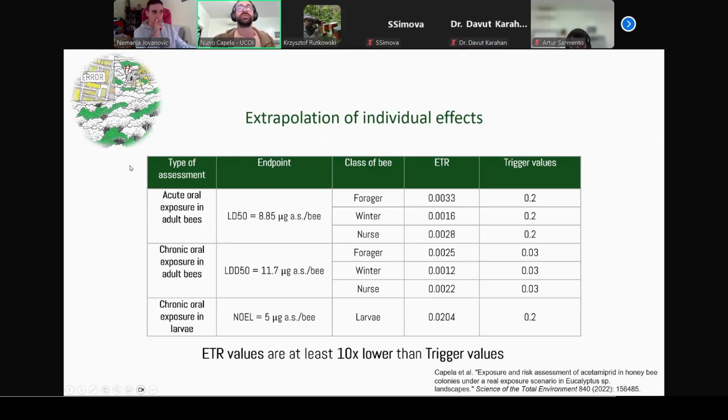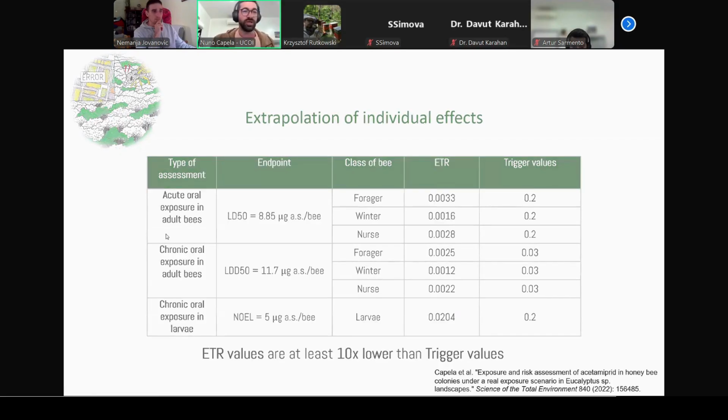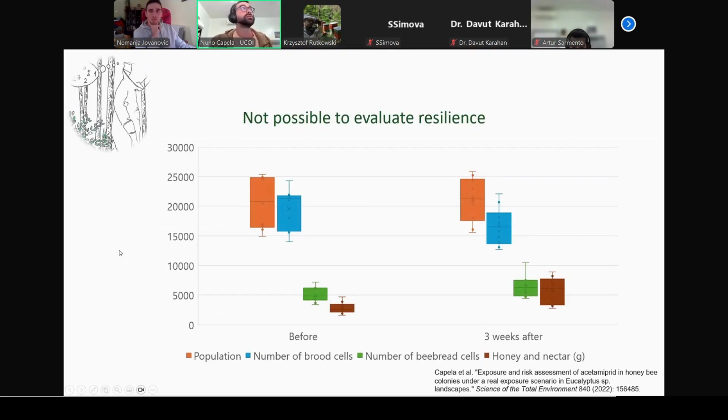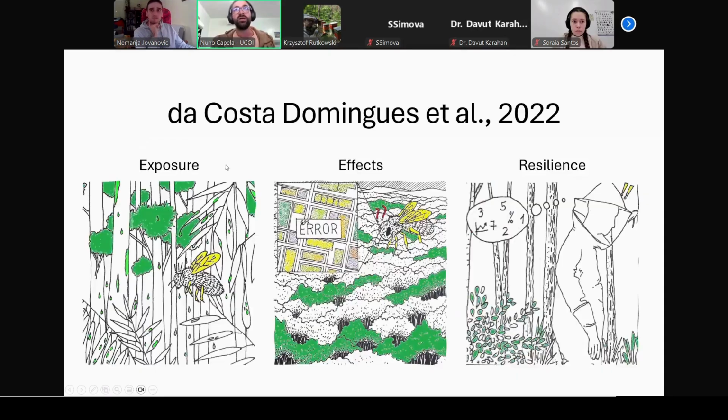This means that this level of contamination was quite low. In this case, it was not possible to evaluate resilience because we didn't have anything to compare. We only had exposed colonies, and we measured before and after the stressor.